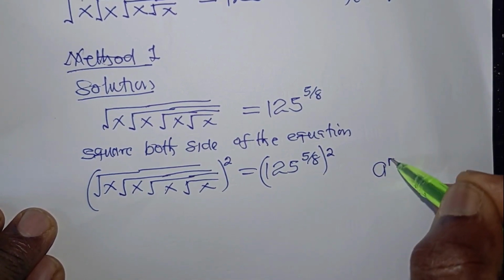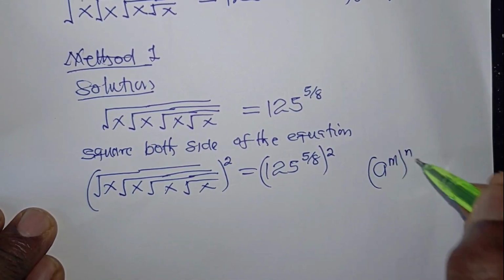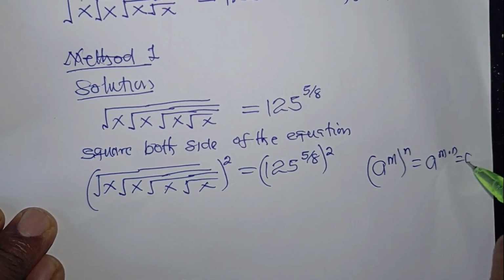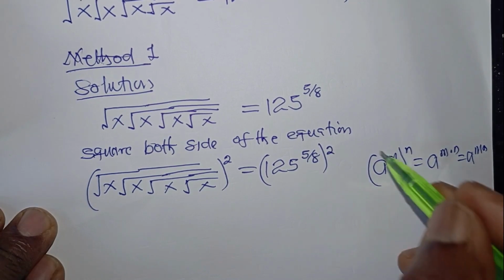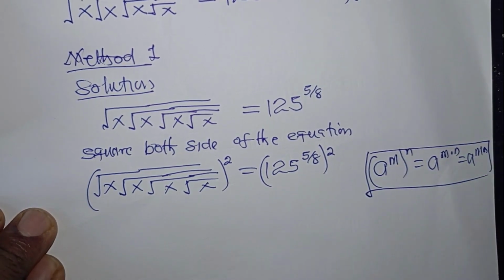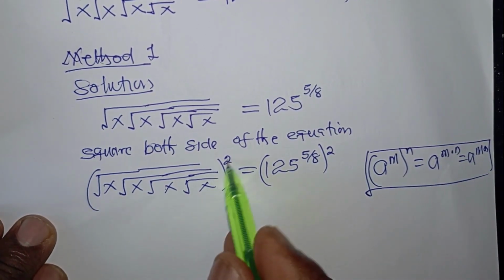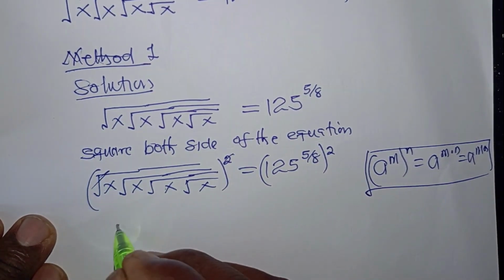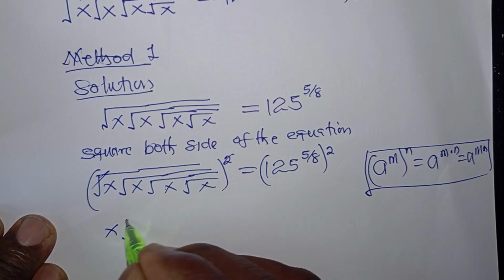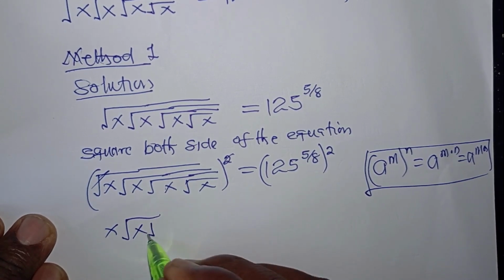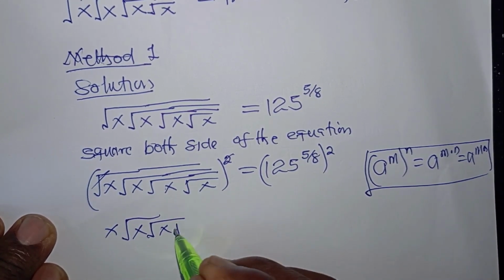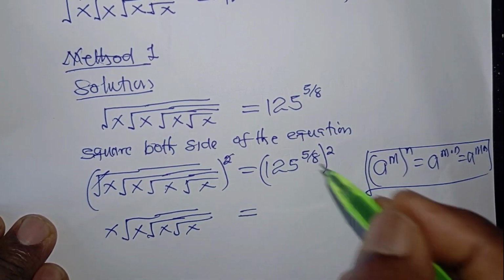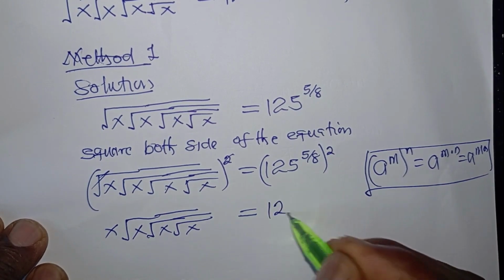If you have a to the power m raised to the power n, it equals a to the power m times n, that becomes a to the power mn. So we apply this rule. Here the square will break the square root. So we have x, square root of x, square root of x, and square root of x equals 125.